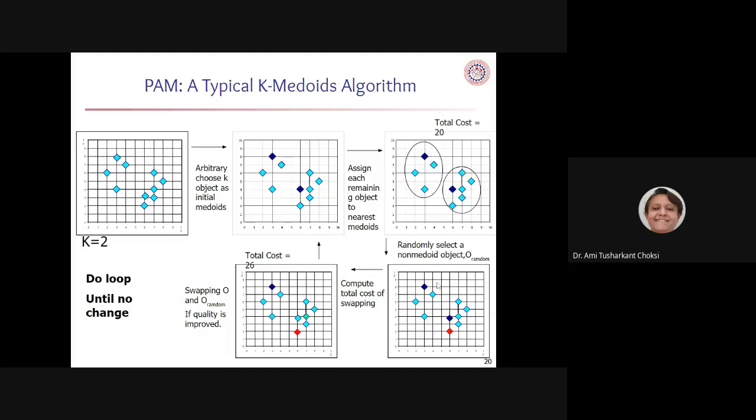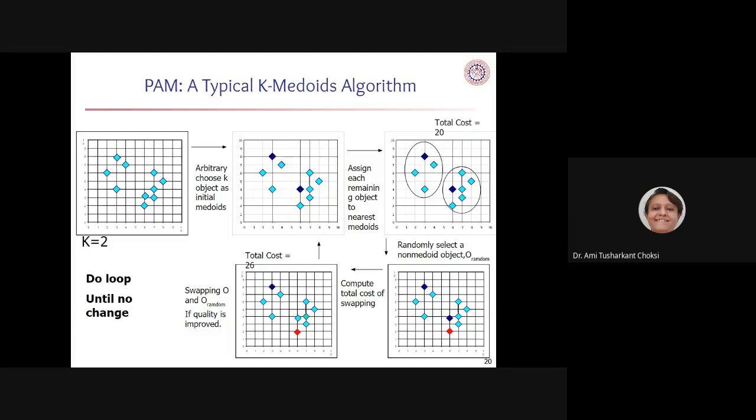Now randomly select a non-medoid object O. Medoid objects we have already considered, 1 and 2. Now we consider any non-medoid object and compute the total cost of swapping.